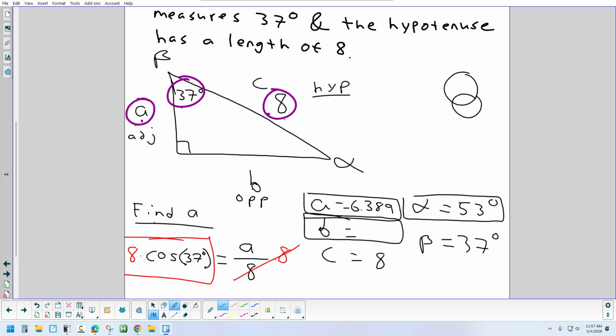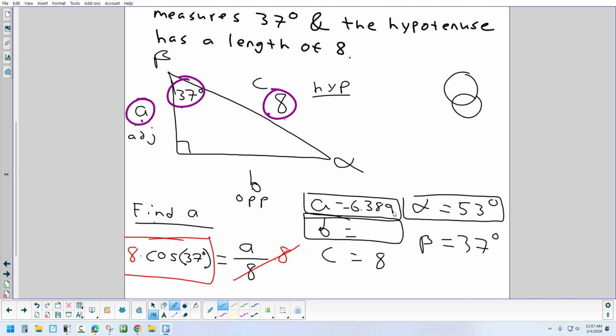Now, we know 2 out of 3 of the sides. What could we use to find the third side? The Pythagorean theorem. We could use the Pythagorean theorem, but why do you think I'm going to say that's not a good idea? Because A has a decimal.